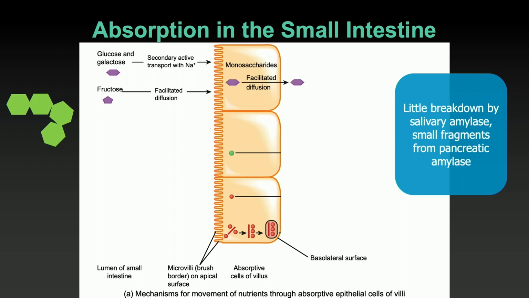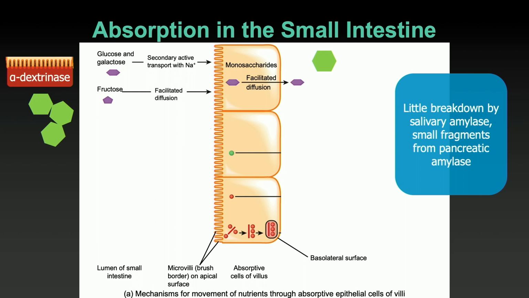How do we get this into the body? We can't take in a 4-saccharide strand into the body. We have to break it down into individual units. So one of the brush border enzymes in the membrane of the microvilli is called alpha dextrinase. And it cleaves one at a time.